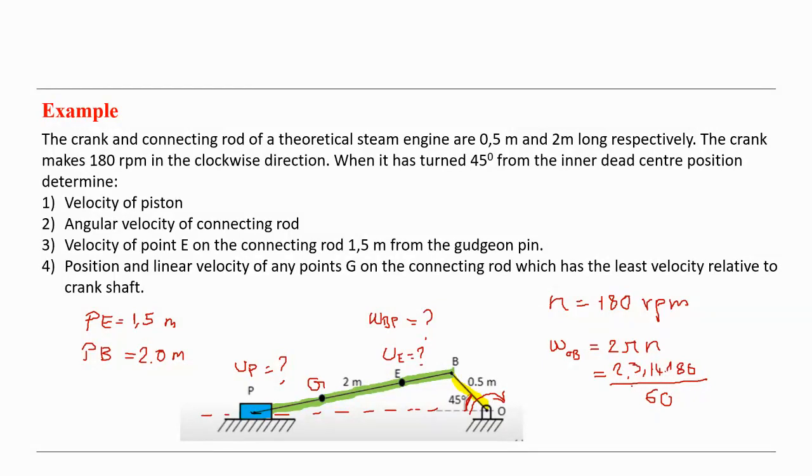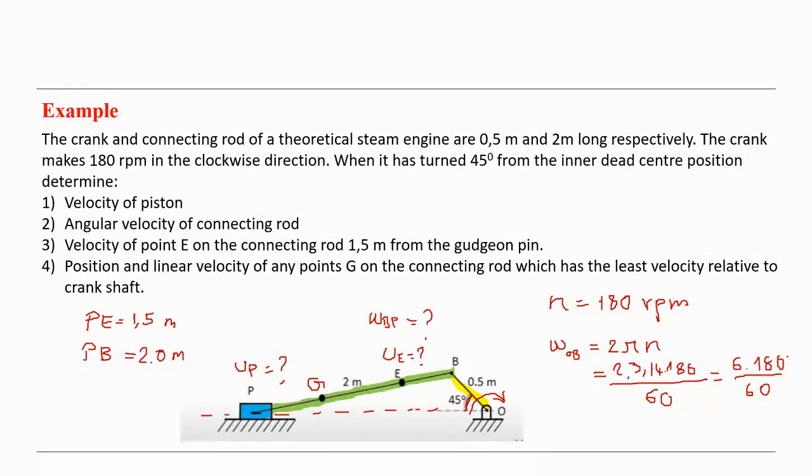If we assume pi is nearly 3, for simplifying the calculations, it makes 2 times 3, 6, times 180 over 60.